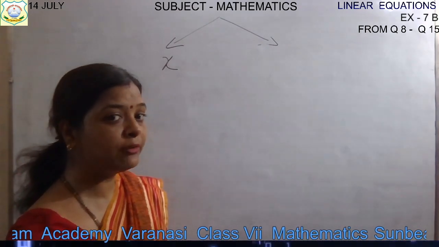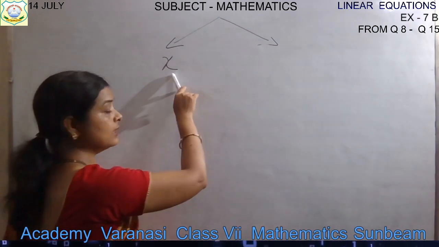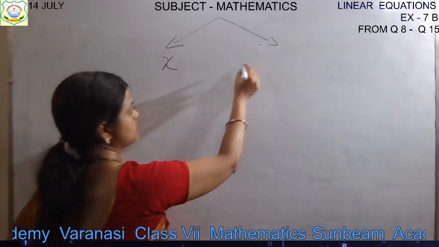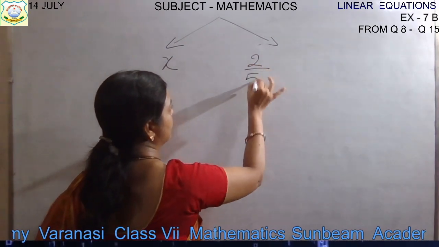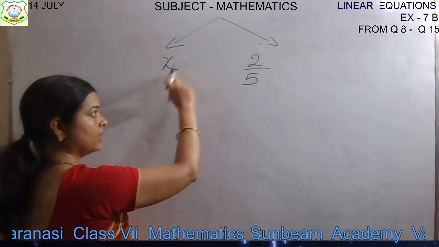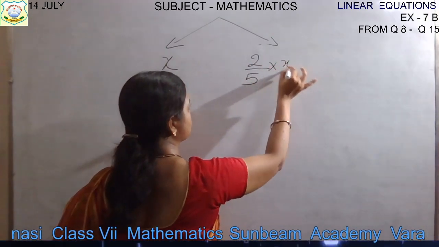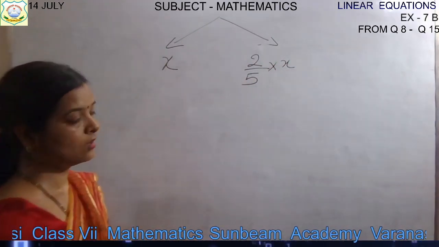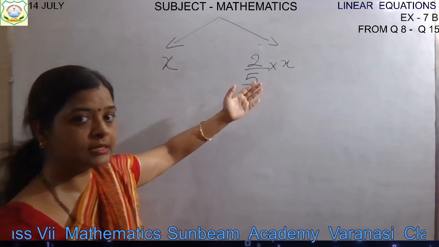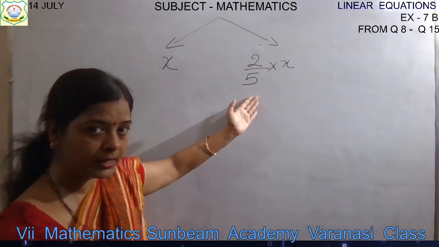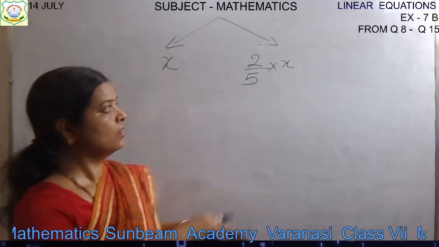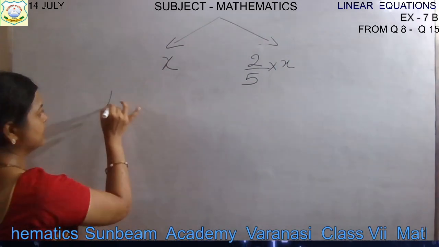It is 2 by 5 times the another number. The other number is x, isn't it? Let one number be x, and the second number is 2 by 5 times the other number. The other number is the first one, isn't it? So this you have to write it, children.